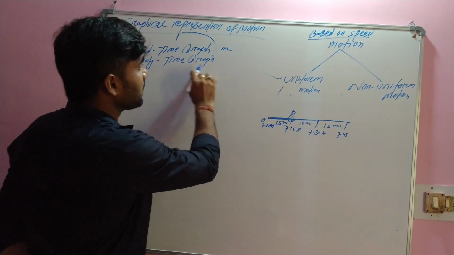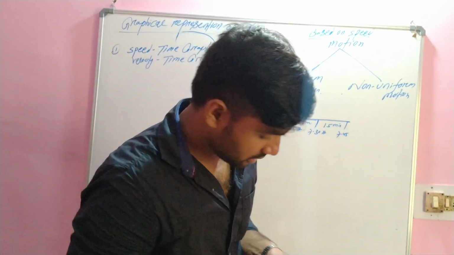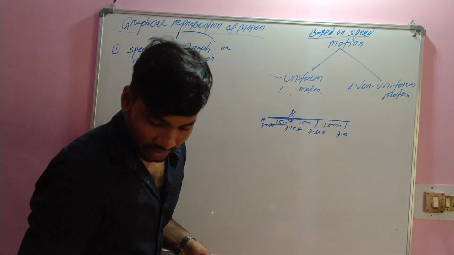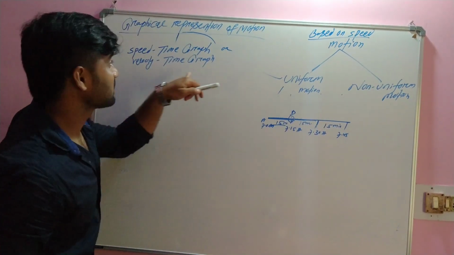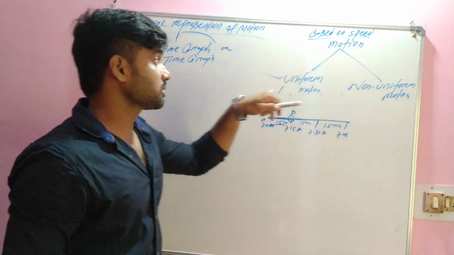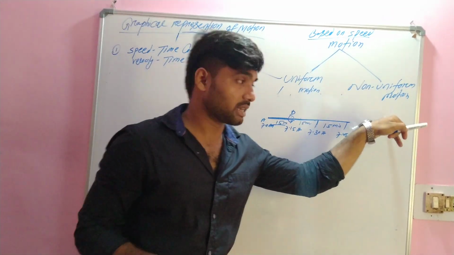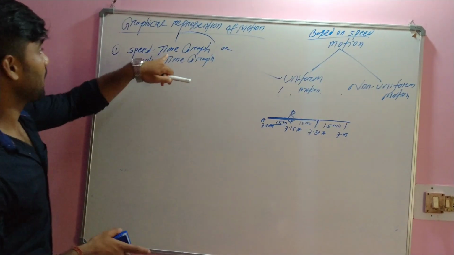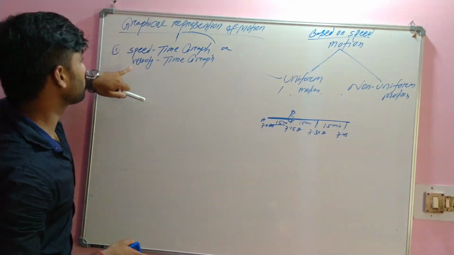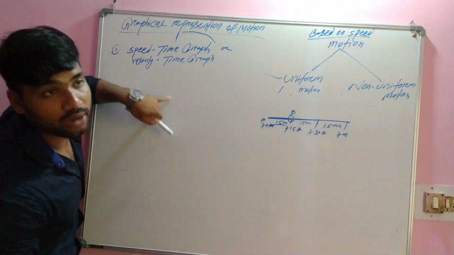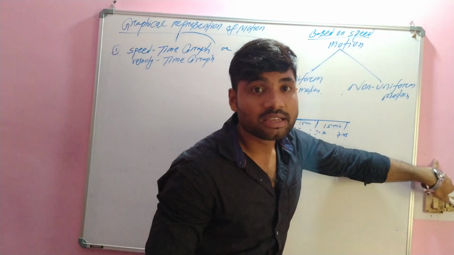Keep in mind, in the distance time graph we focus on distance, but in the speed time graph, speed is equal to the velocity, but we consider velocity only when the object is moving in a straight path.